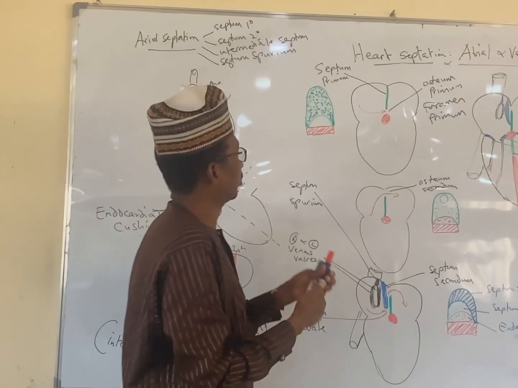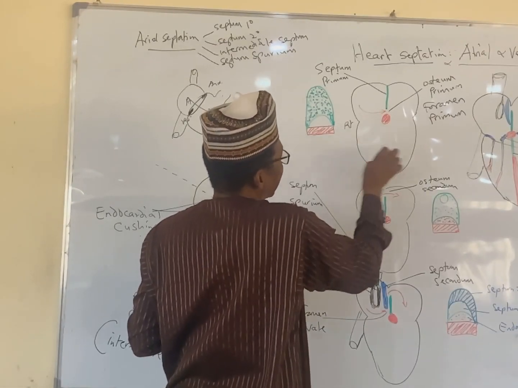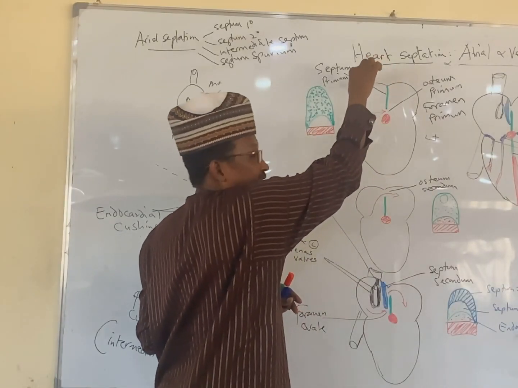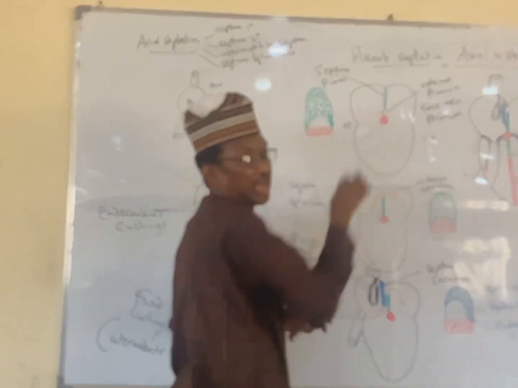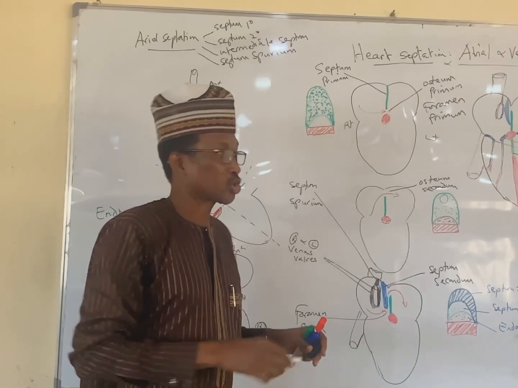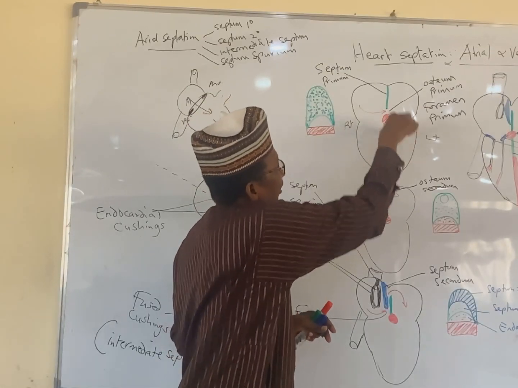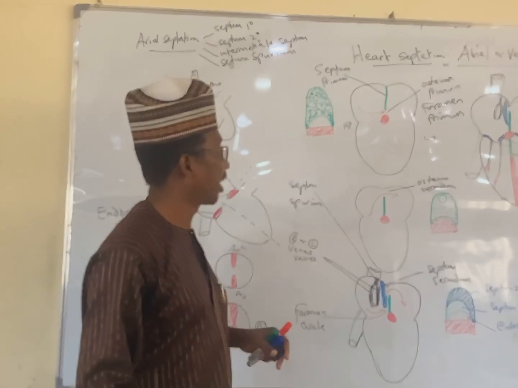If we assume that this is the right side of the heart and this is the left side of the heart, blood from the right side of the developing heart passes into the left side of the developing heart, so that it will then circulate from the left side of the heart into the body of the developing embryo.